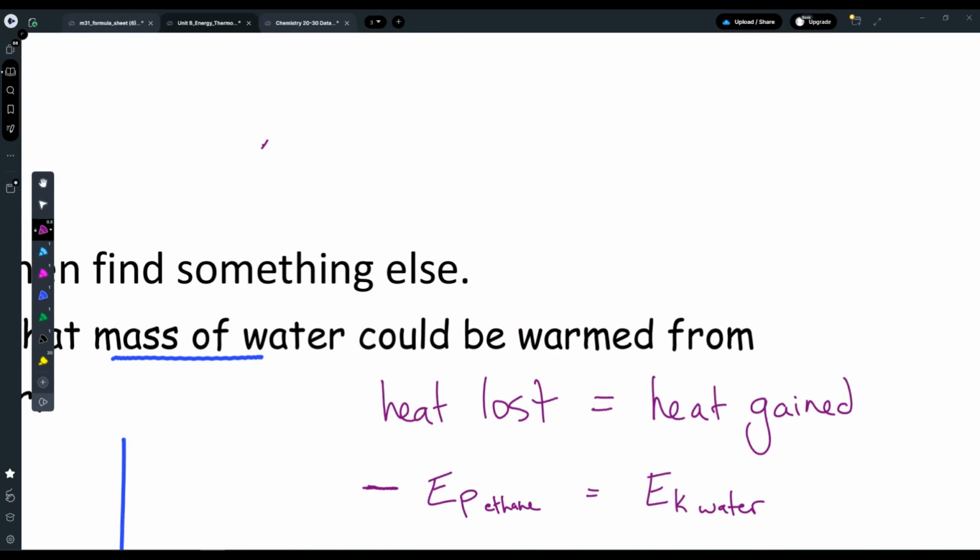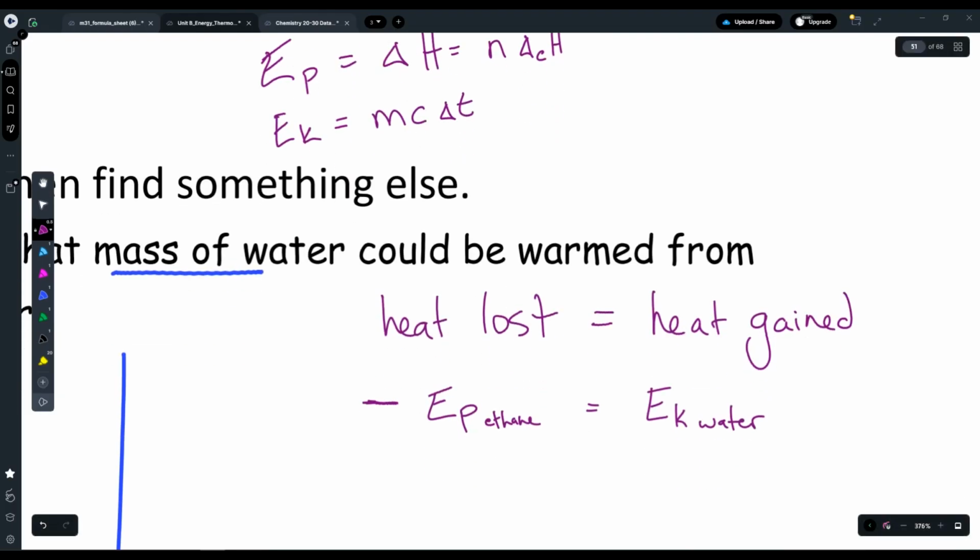Potential energy, EP, is equal to change in enthalpy, which is equal to moles times molar enthalpy, which in this case is molar enthalpy of combustion. And then for EK, that's mc delta T, so mass times specific heat times change in temperature.